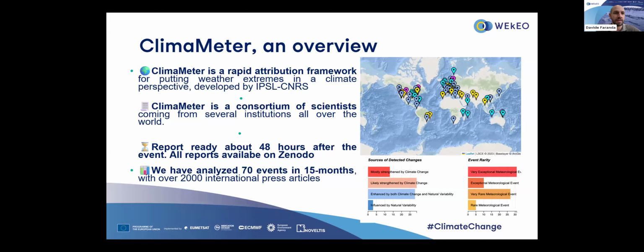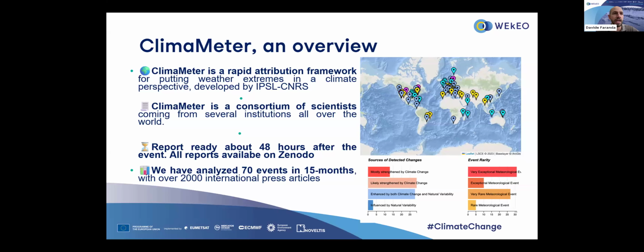So let's start to say what is Climameter. Climameter is many things, but is first of all a consortium of international scientists that are all over the world. At that time, happy to coordinate from the CNRS in Paris. And the goal of our consortium is to perform attribution to climate change of extreme events that have happened in a very timely manner.